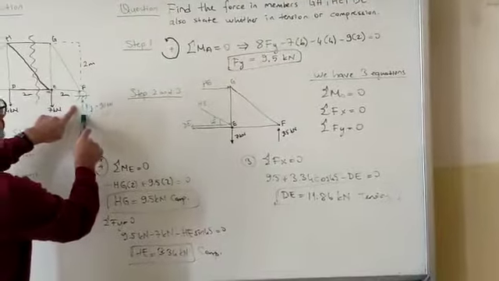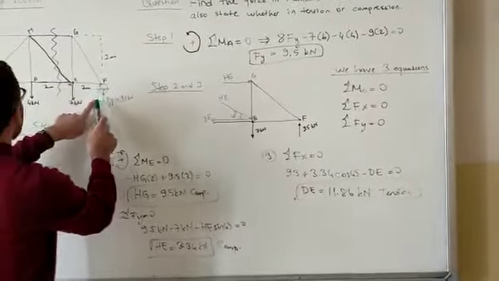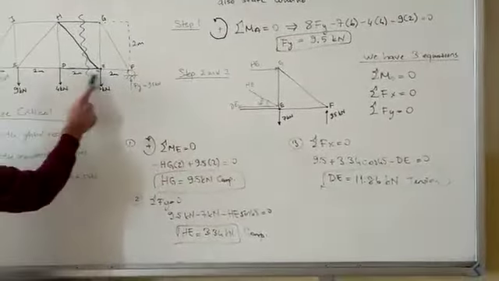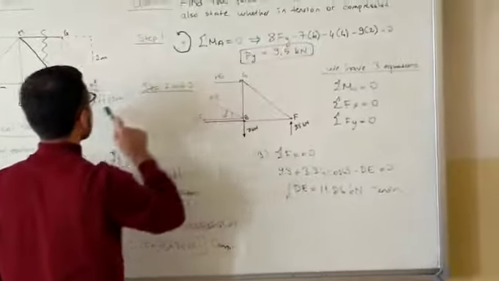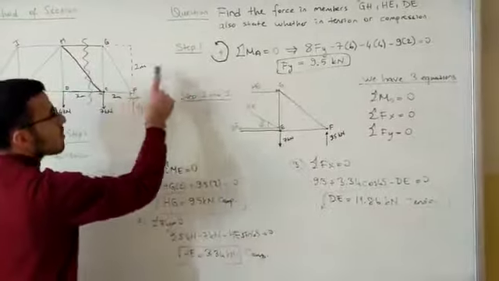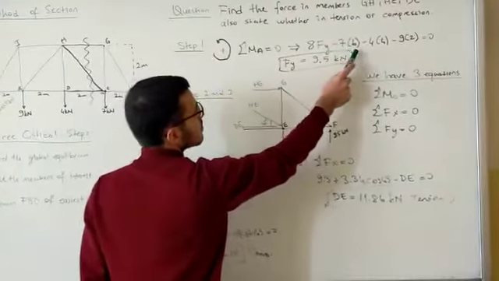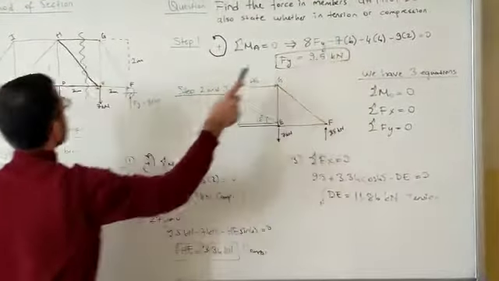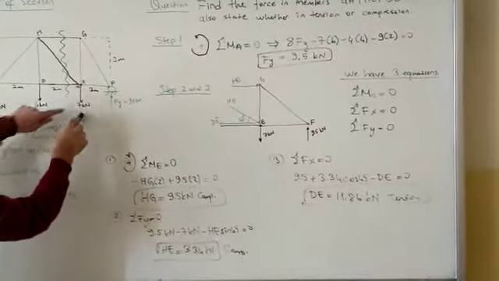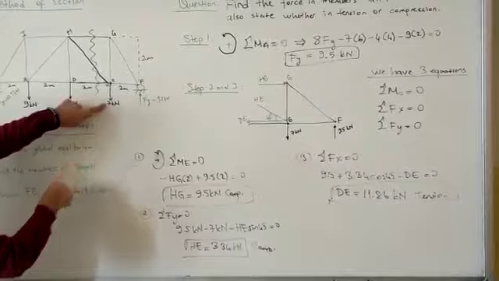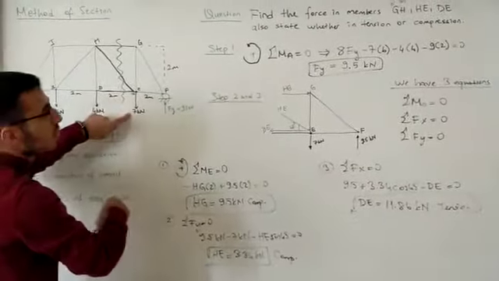Here Fy multiplied by 8, total 8. This must be plus because it's turning counterclockwise. And here 7 multiplied by 6. This must be negative because it's turning the shape in the negative direction of y.